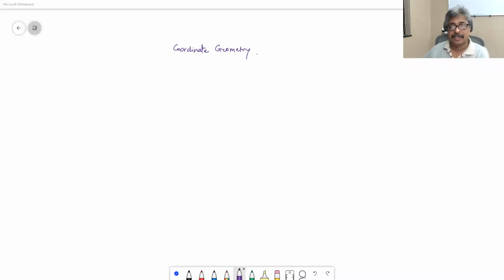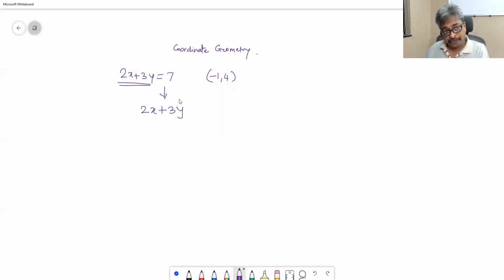Okay, so last lecture what we have seen is, suppose I give you a straight line 2x plus 3y is equal to 7 and I want an equation of a line parallel to this line passing through, say, (-1, 4). Then we quickly said yes, the required equation is 2x plus 3y. The LHS would continue to remain the same because the slope of the line is going to be the same.